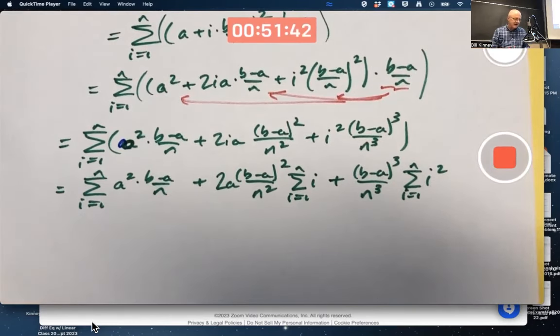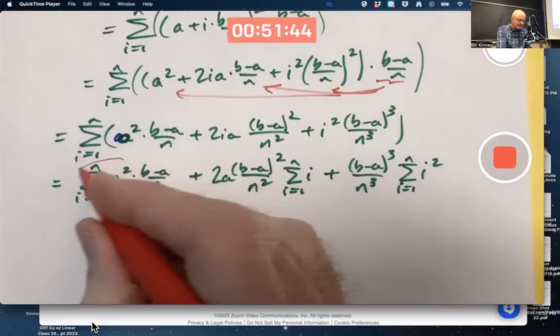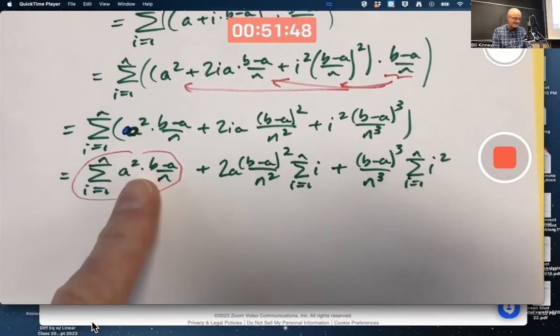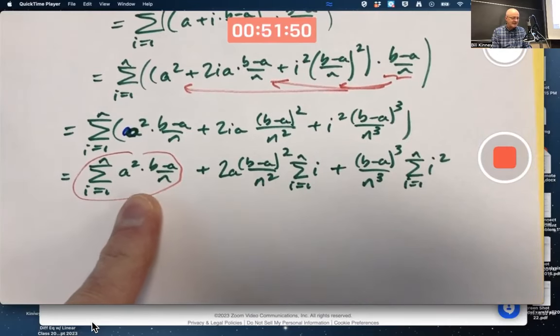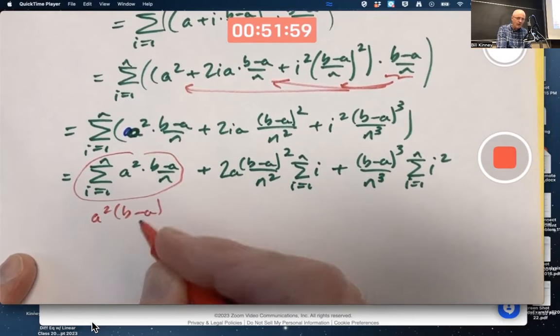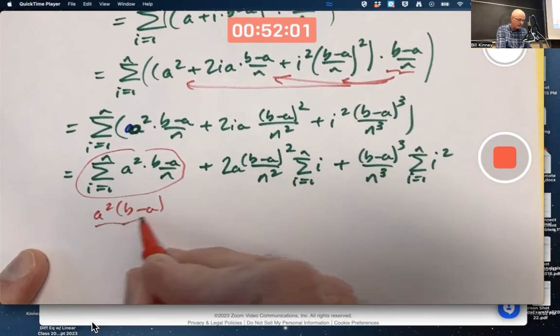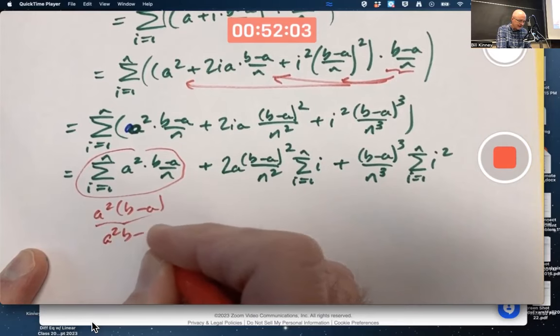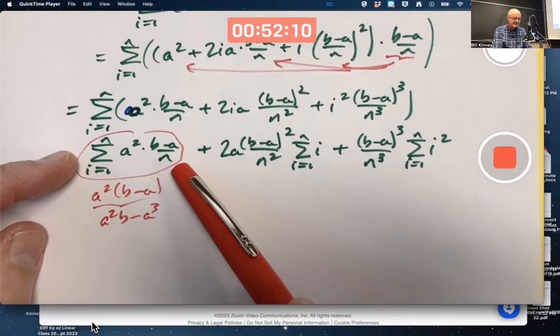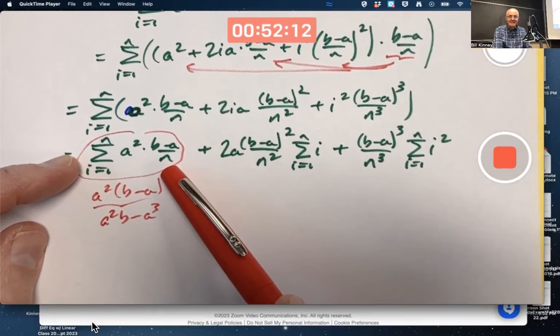Stuff does simplify here. This summation is adding up a constant because there's no i's. I'm adding up these things n times, meaning the n goes away effectively when I simplify this. It simplifies to a squared times b minus a, or if you prefer, a squared b minus a cubed. Because, again, I'm adding up these things to the right of the summation sign n times.